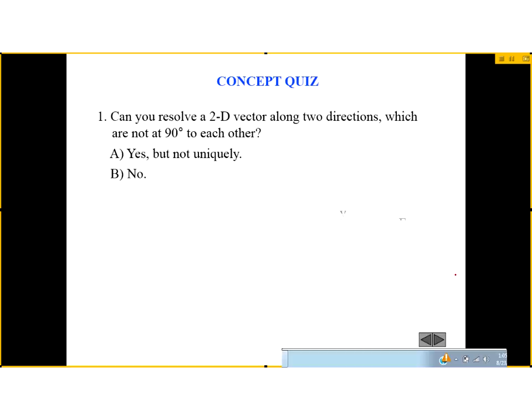And we occasionally have these little concept quizzes. Can you resolve a 2D vector along two directions which are not at 90 degrees to each other? A, B, or C? Unique being there's only one possible way, or not unique being there's a million possible ways.